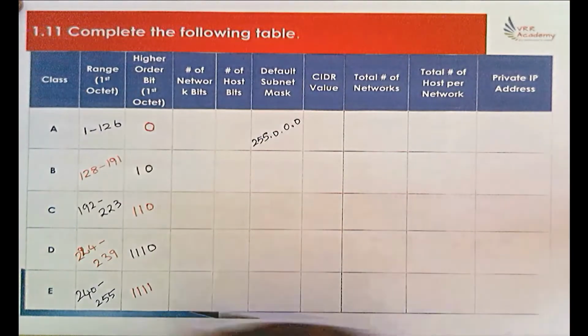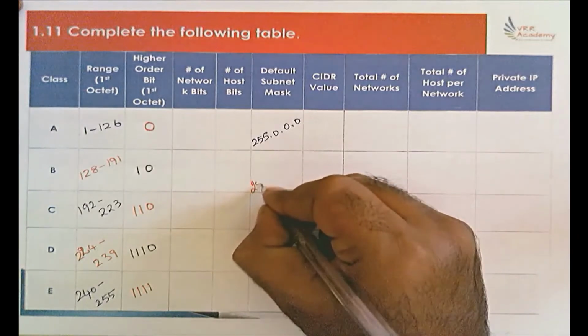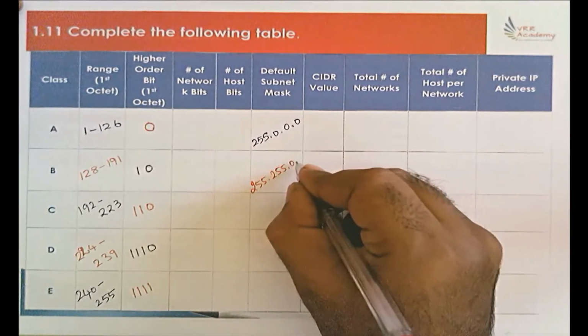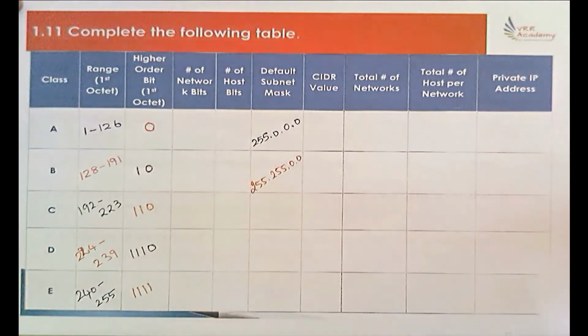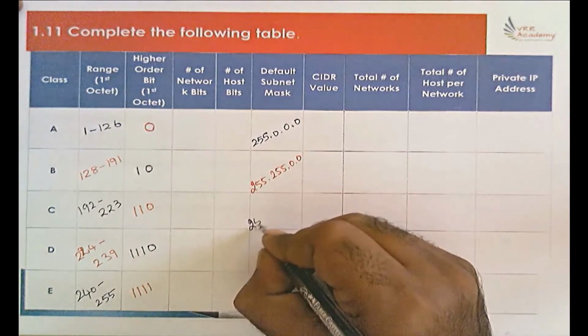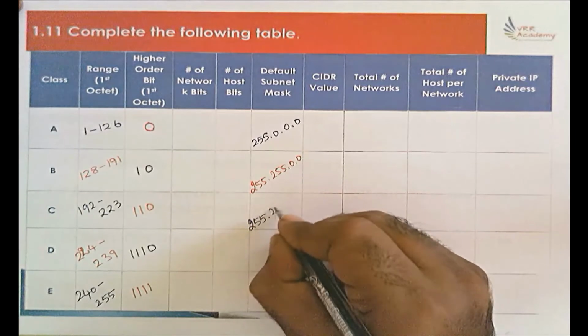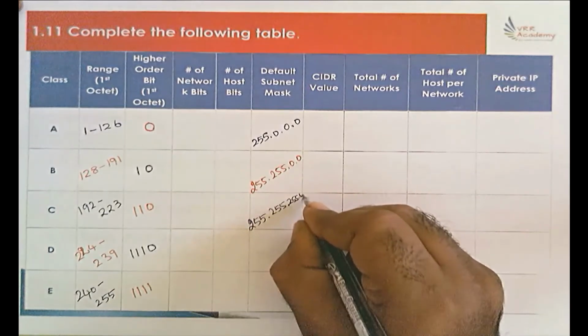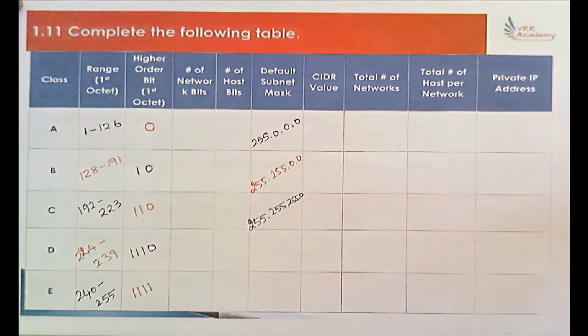For class B, the default subnet mask is 255.255.0.0. So this is the default subnet mask for class B. For class C, the default subnet mask is 255.255.255.0.